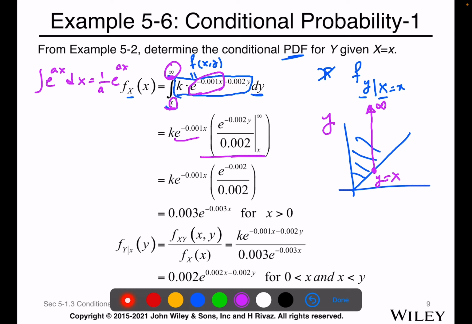I think there is a minus missing here. Yeah, there is a minus missing here. So there must be a minus here. Right, Michael? Yeah? Okay. But there's no minus missing here because we have a minus here, and e to the minus infinity becomes 0. It becomes e to the minus infinity minus e to the minus 0.002x, and the minus and this other minus cancel out.